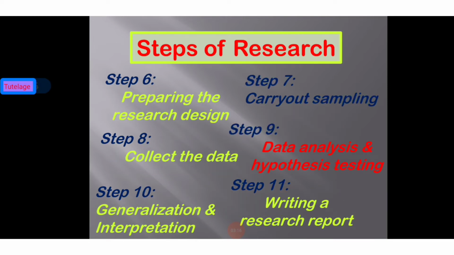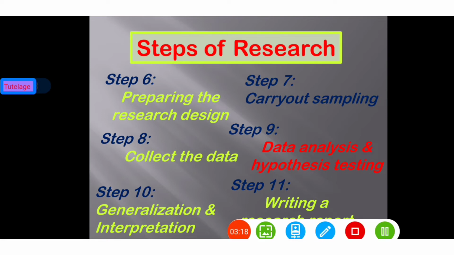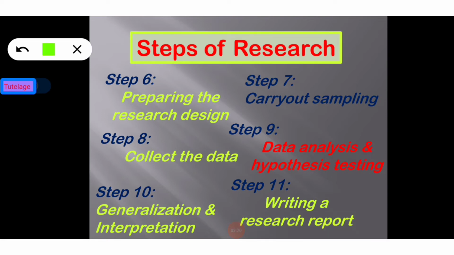Here we can see the sixth step, and this is one of the most important steps of research, that is preparing the research design. I think all things we have already told in that part, all are clear to everyone. Okay, so the sixth step, that is to prepare the research design.